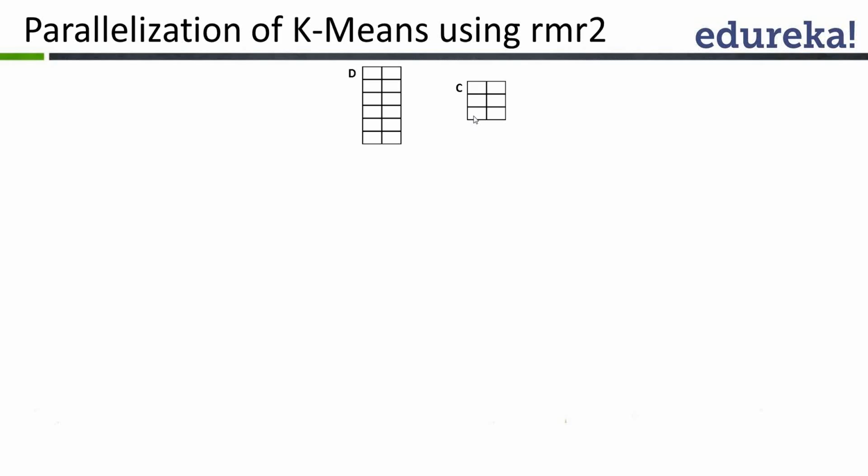Each mapper is computing some distances, and in union, I get all the distances between the data points and the cluster centers. So that's the way I would parallelize the first step in k-means using mappers. Is that clear so far?